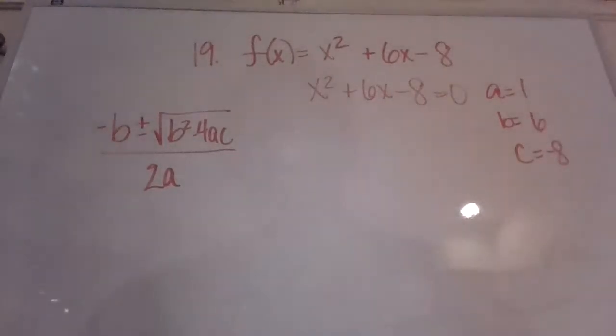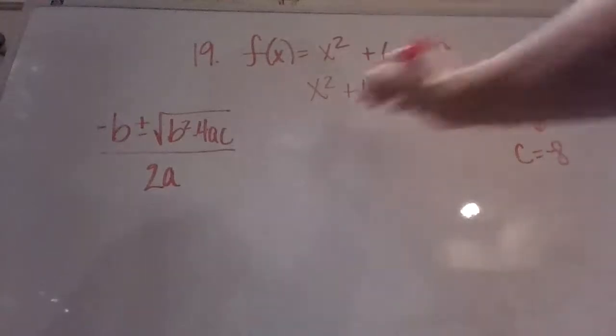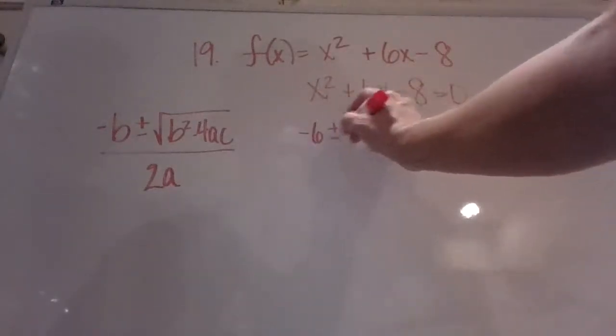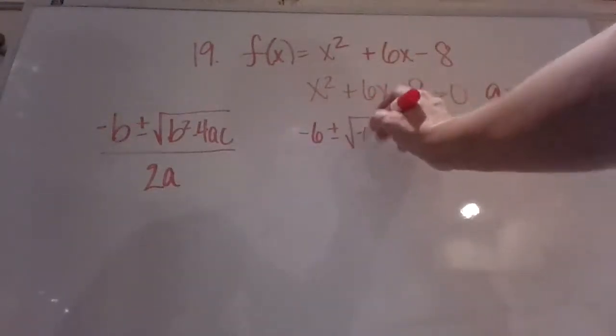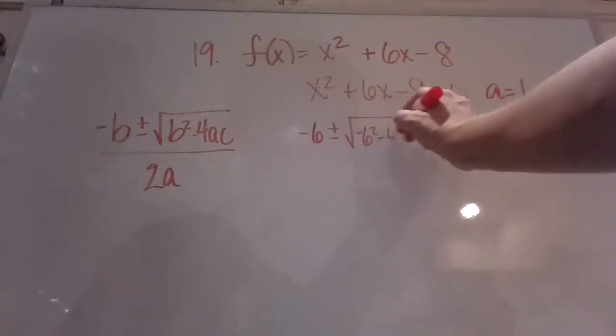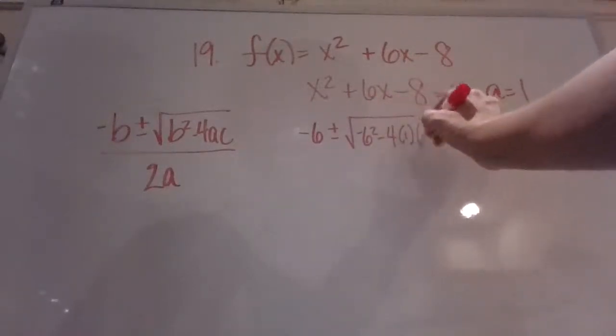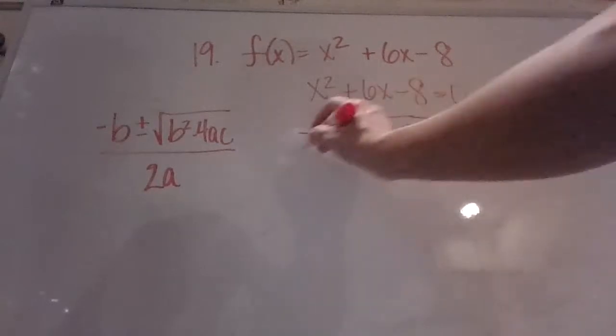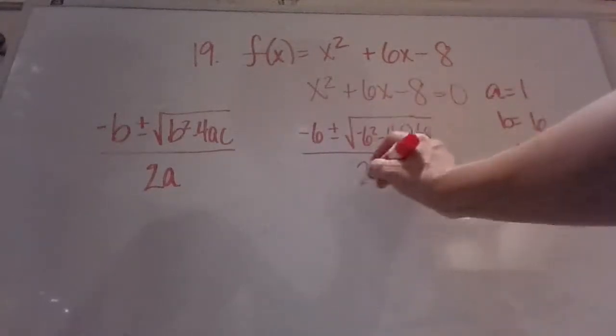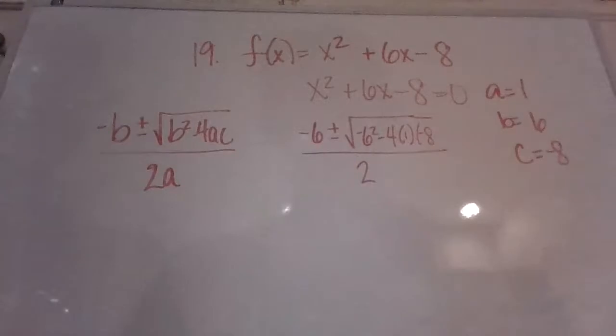So negative b, so negative 6, plus or minus the square root of negative 6 squared minus 4 times 1 times negative 8, all over 2 times 1.